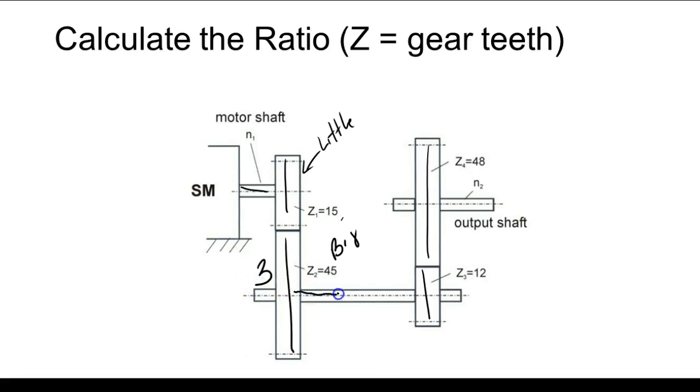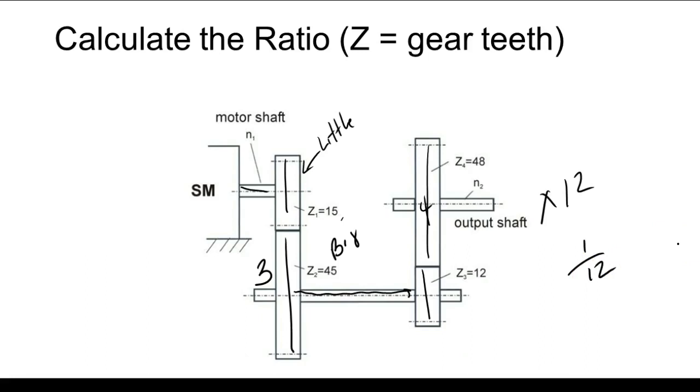Now this is fed through a shaft right here, so this is multiplied by 3 right there. And what's this over here? This is 4. So what would my total multiplier be? 12. So my torque would be times 12, and my speed would be 1/12.